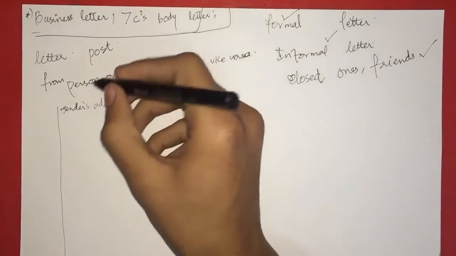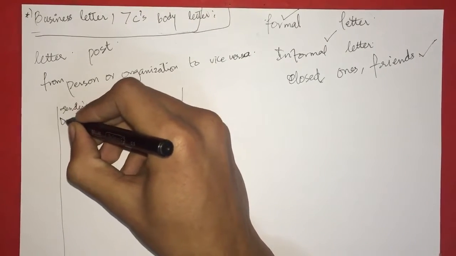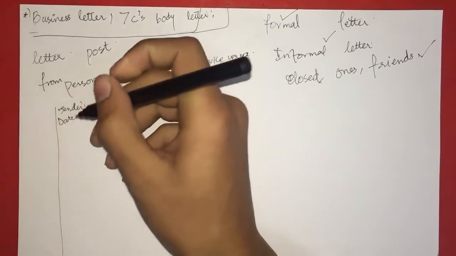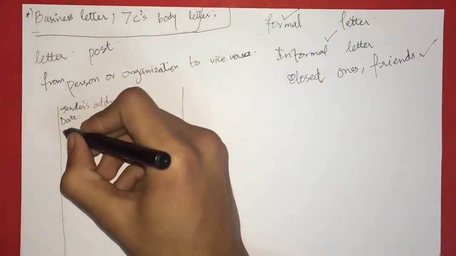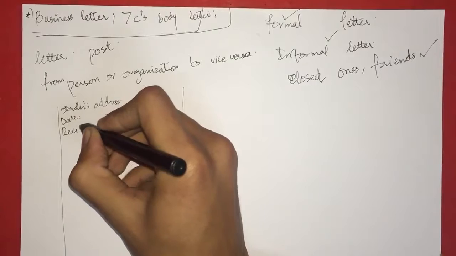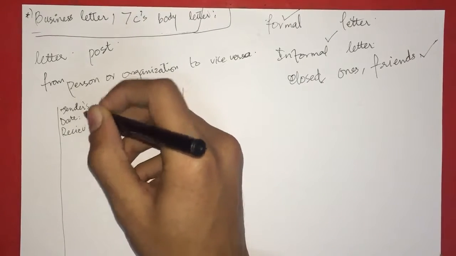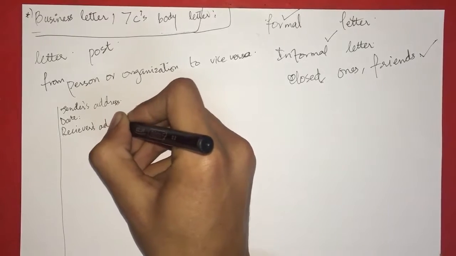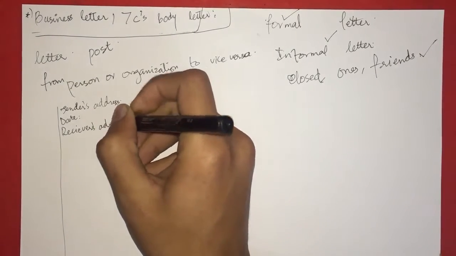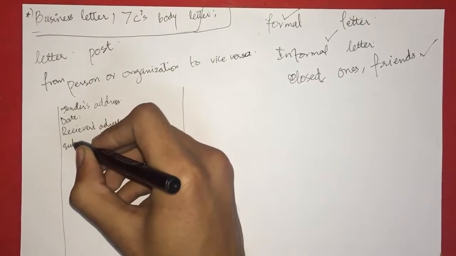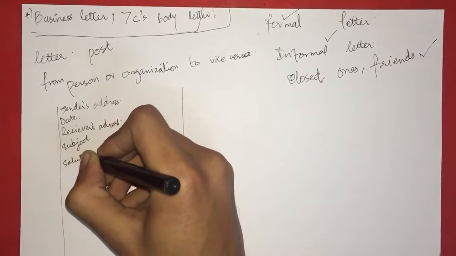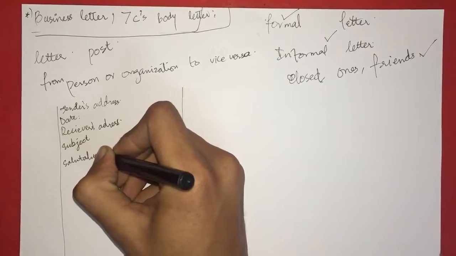Then below that there will be the date. Then the receiver's address. The person I'm writing this letter to, his address will be down here. Then there will be subject and salutation.